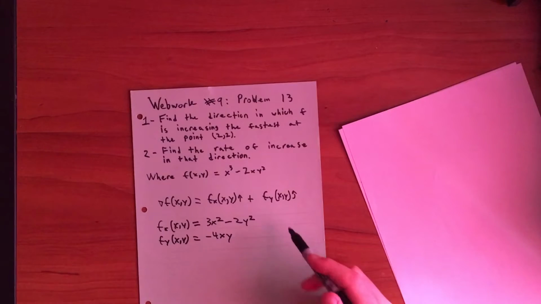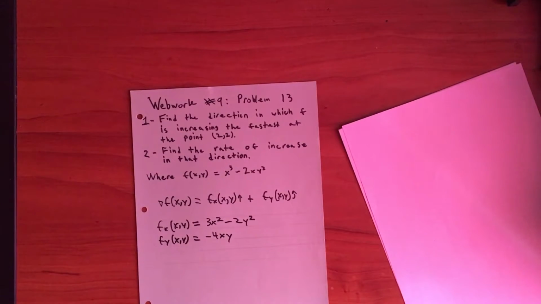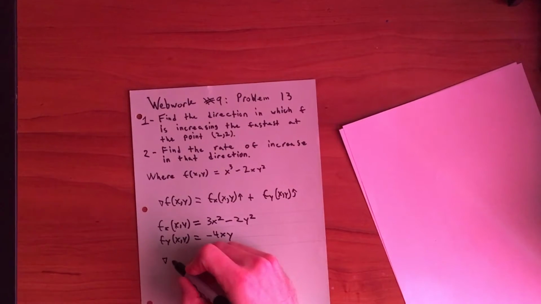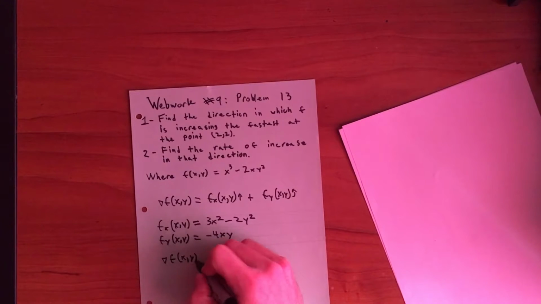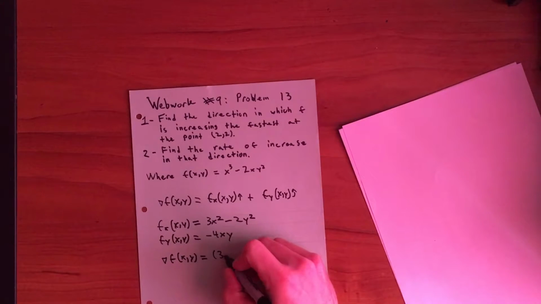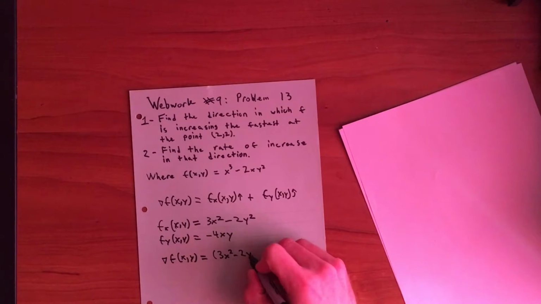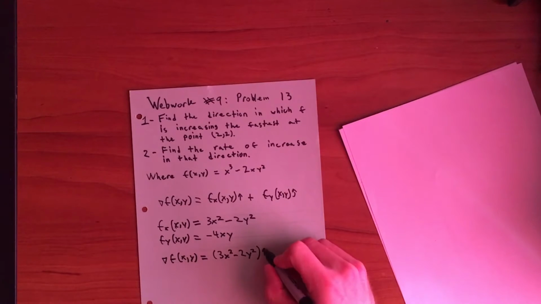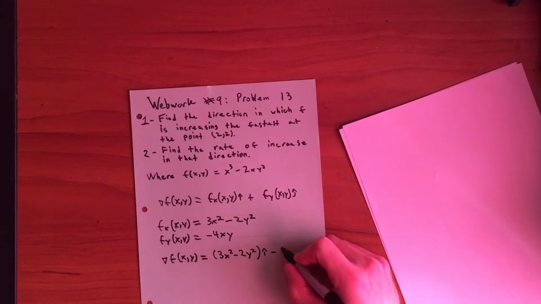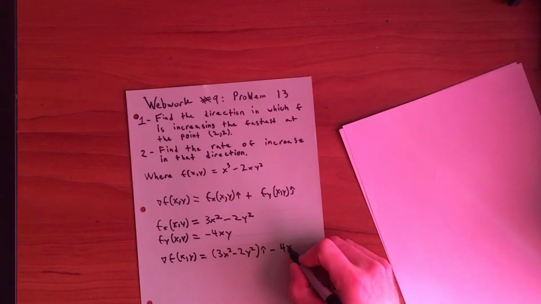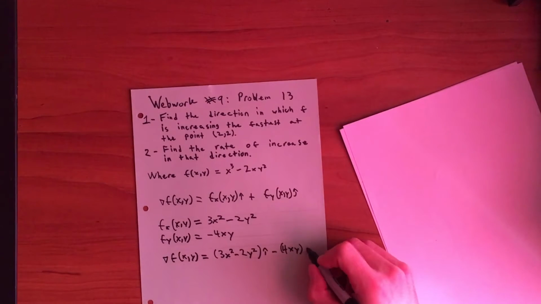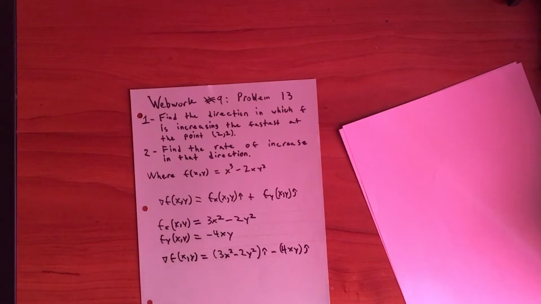So all we have to do now is throw this in the formula, and we arrive at the conclusion that the gradient of f(x, y) is equal to 3x squared minus 2y squared i hat minus 4xy j hat, where that minus is coming from the derivative.